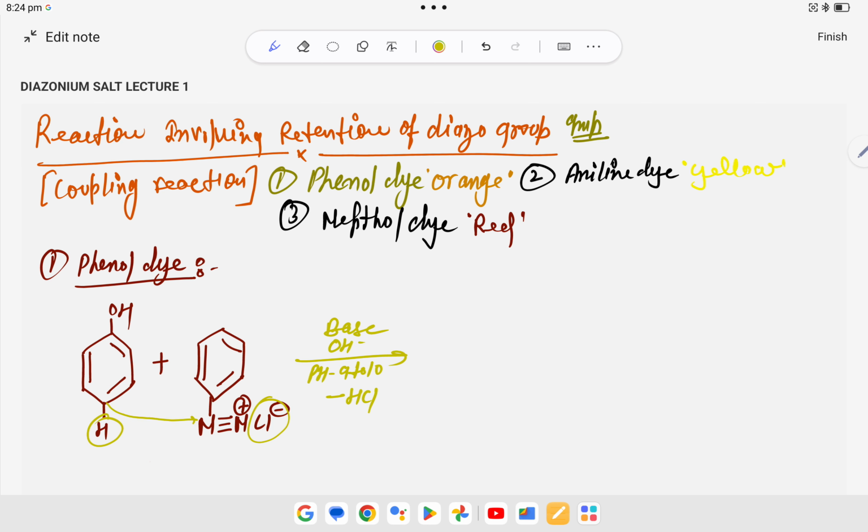Attachment, disattachment. See, here OH, alternate double bond, and then nitrogen. These electrons shifted here, positive charge vanished. Double bond nitrogen and phenyl group is attached. Double bond, double bond, double bond. So that is the dye formation, phenol orange.